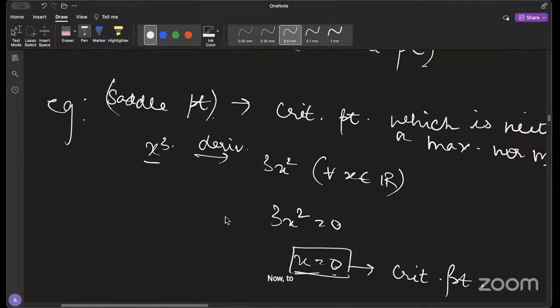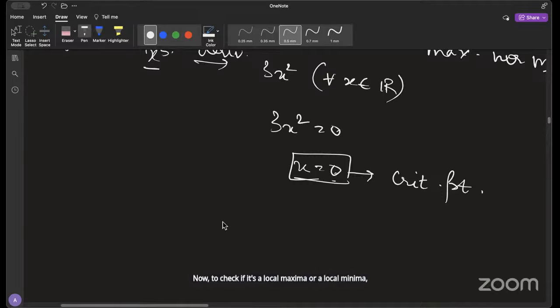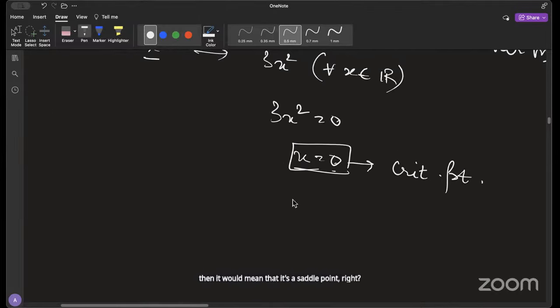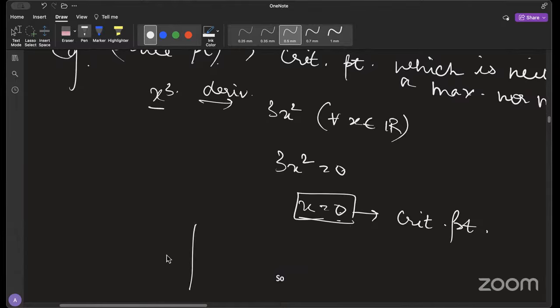Now to check if it's a local maxima or a local minima, or it's neither, which would mean that it's a saddle point, right? So your x cube looks like this. Your x cube is an increasing function.